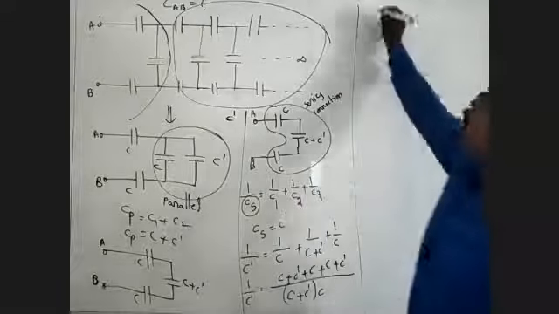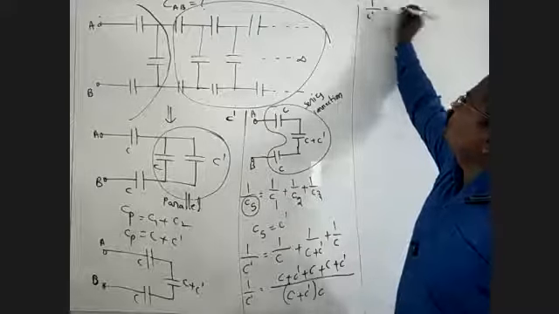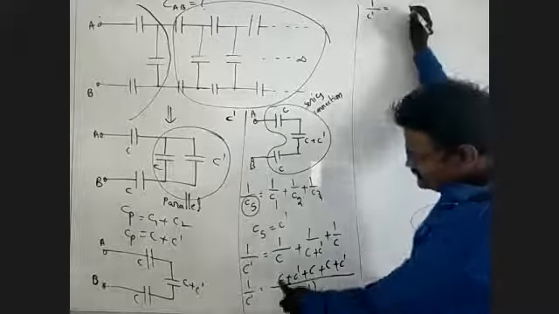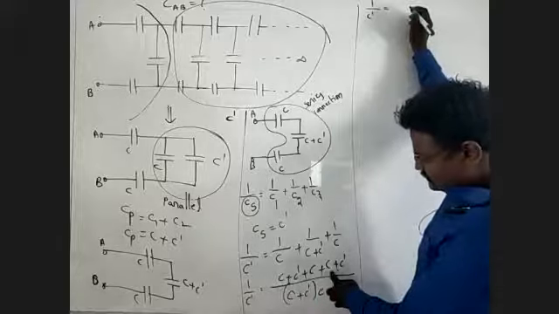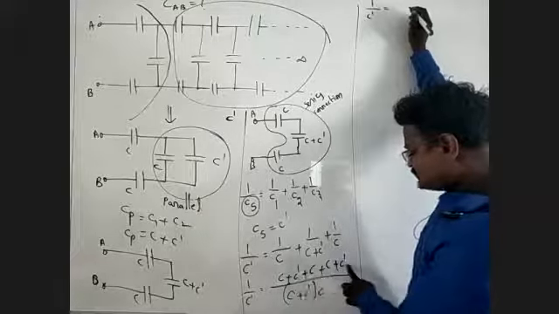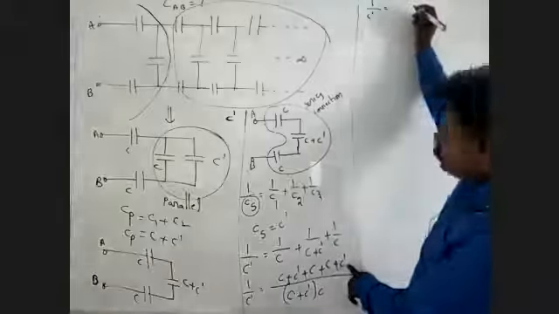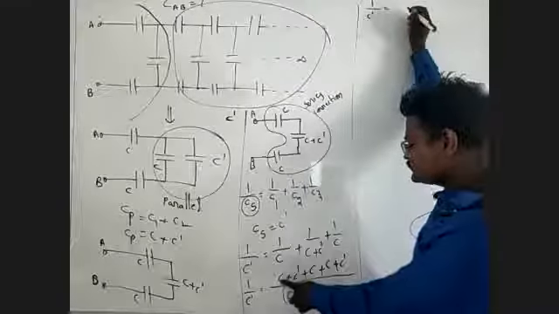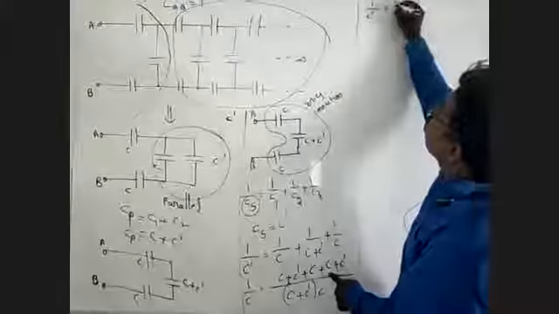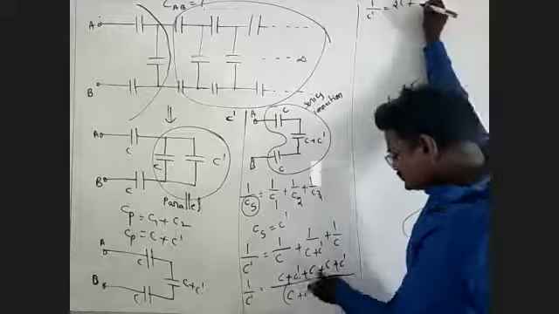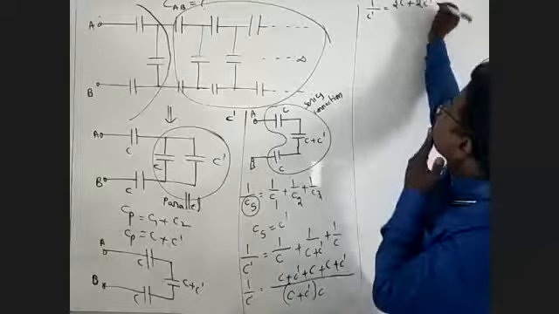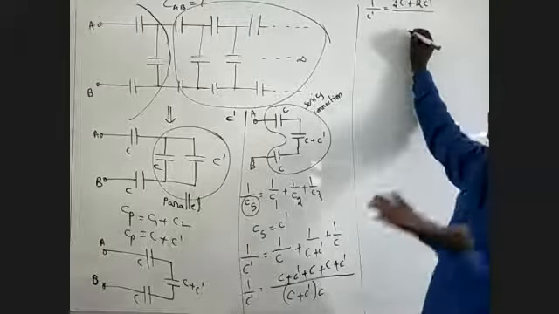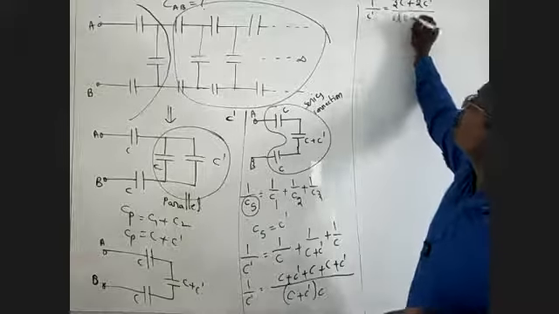Next, 1 by C dash is equal to C plus C plus C dash plus C plus C dash, which is 2 into C plus C dash. That is 3C plus 2C dash, divided by C into C plus C dash.